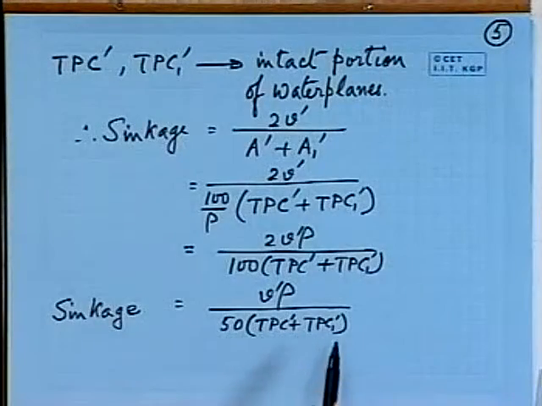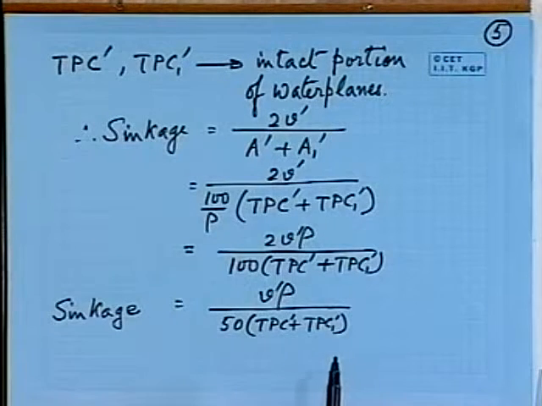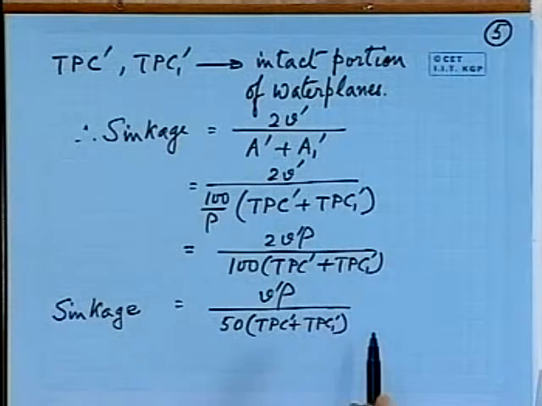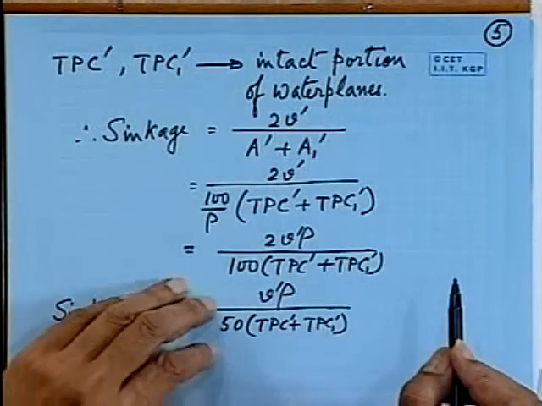TPC prime and TPC1 prime you can calculate from hydrostatics from the water plane areas, subtracting the compartment water plane areas. Normally it is given in terms of water plane area coefficient CW. So CW multiplied by your rectangle of the water plane will give you the water plane area. This can normally be calculated from ship hydrostatics.